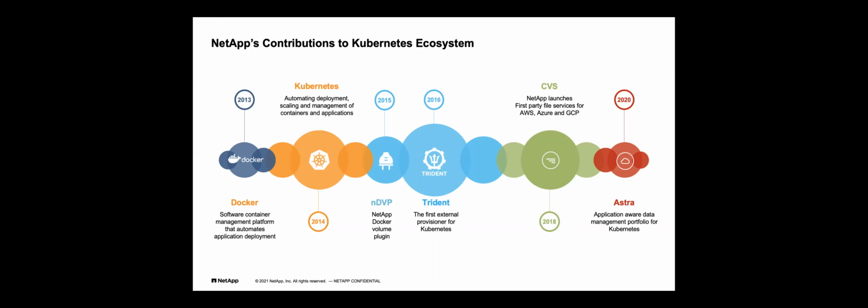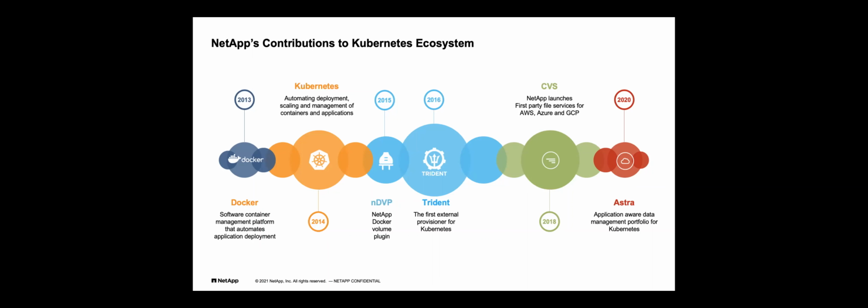A Docker user could issue the Docker volume create command, specifying the NetApp Docker Volume plugin as the driver, and that piece of open source code would then make the API calls to the storage to dynamically provision the storage that Docker user wanted.